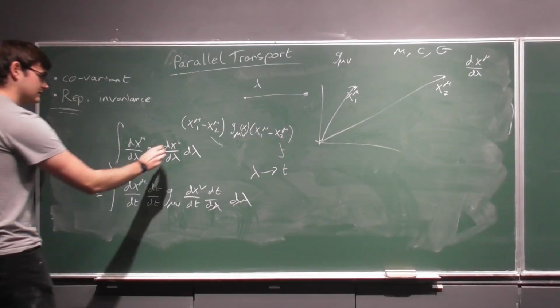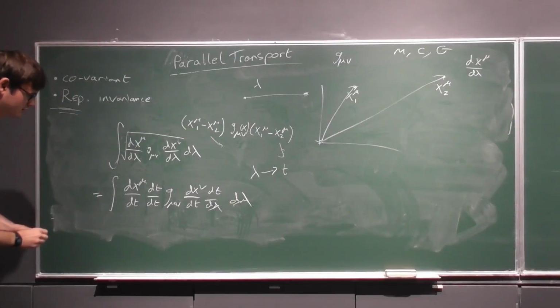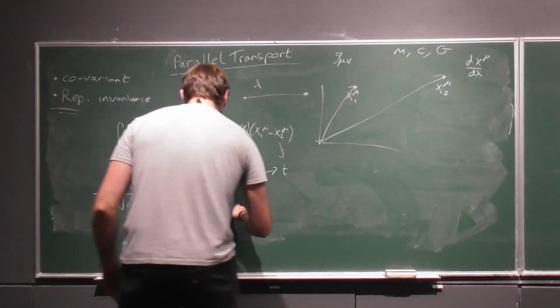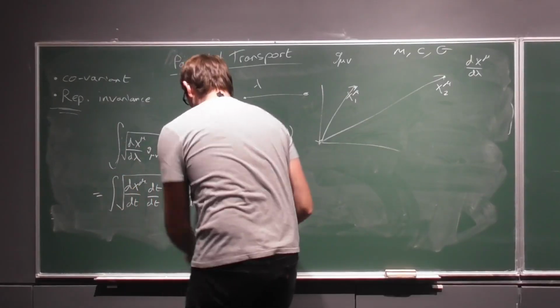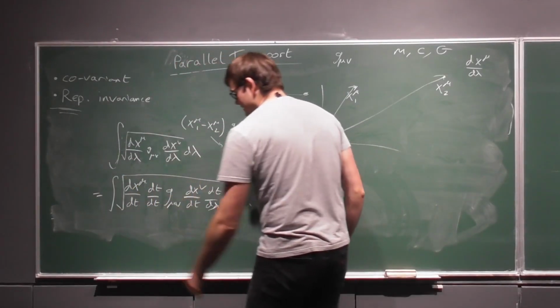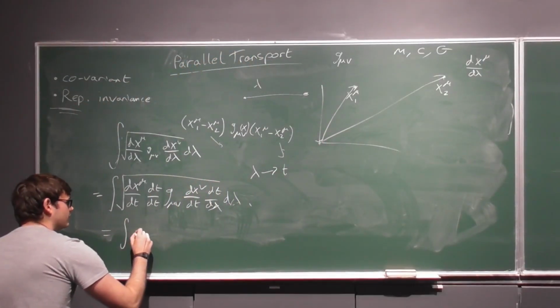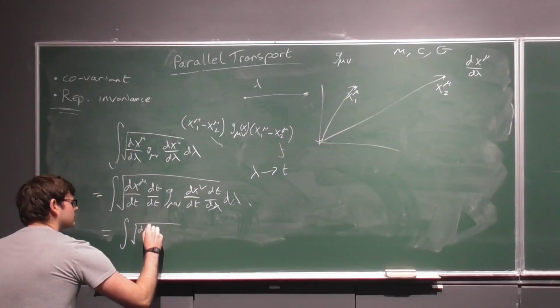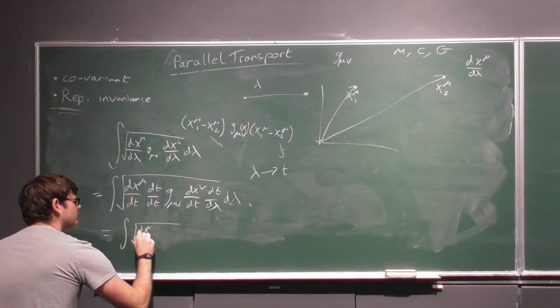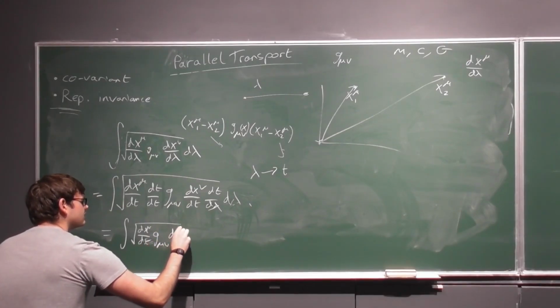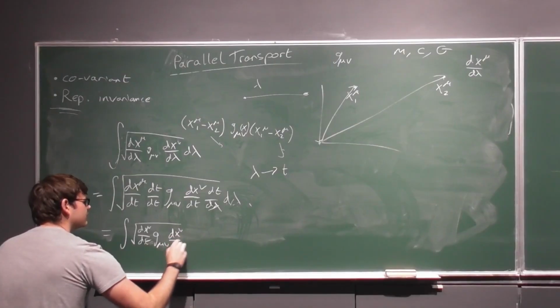What's a way to fix that? Slap a square root on there. Now when I slap a square root, these are all in the square root, so you can see I have this term twice. When I pull that out of the square root, I'm just left with one of them: dx mu, dt, and still that metric, and the other one.